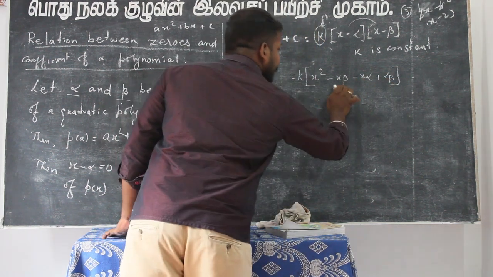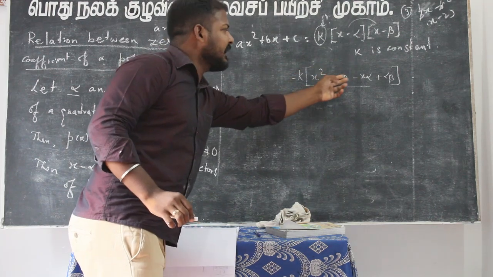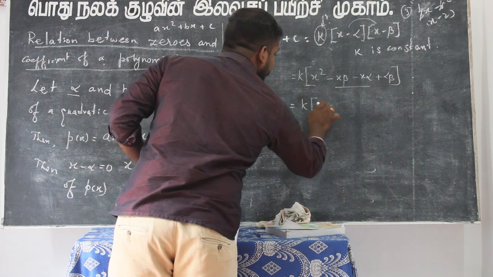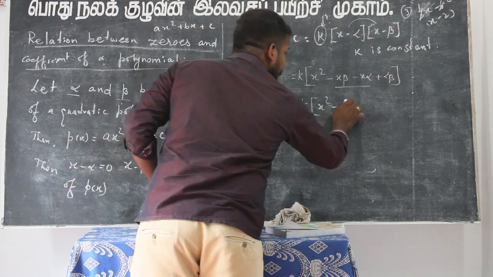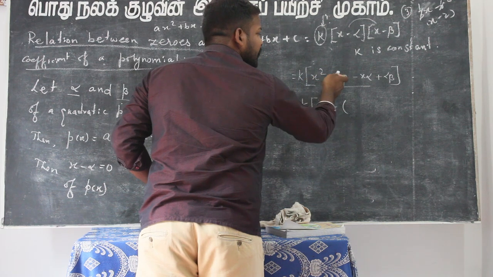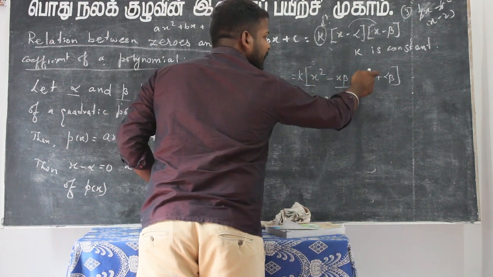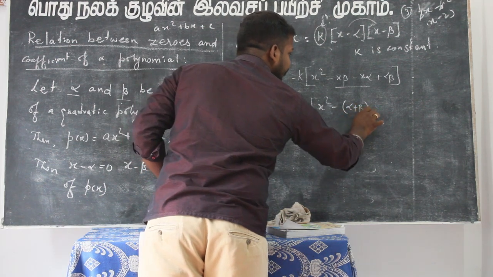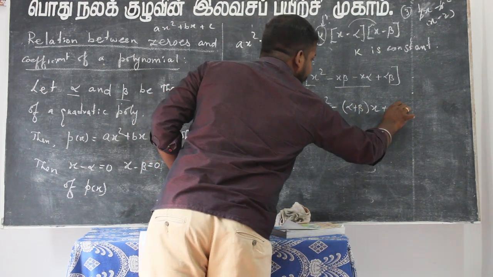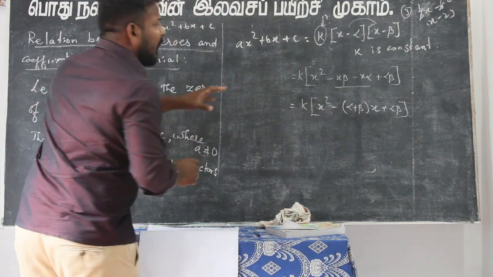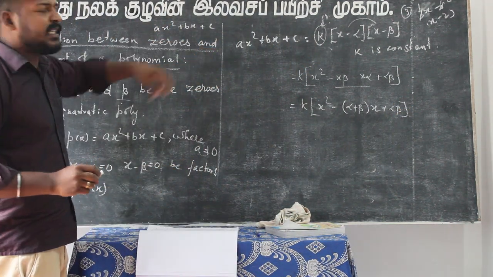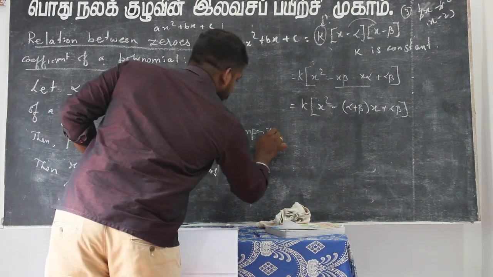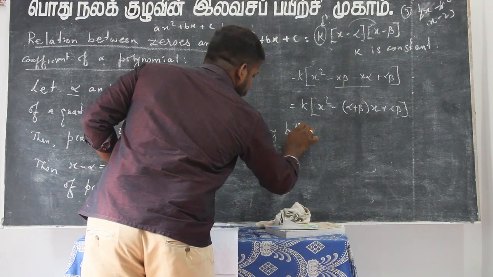So these two terms, we can take minus x commonly outside. So what will we get here? K into x square minus alpha plus beta into x plus alpha beta. So now comparing both the sides with your exponents. So what will we get? Comparing both sides.